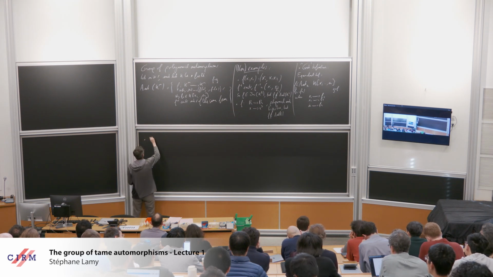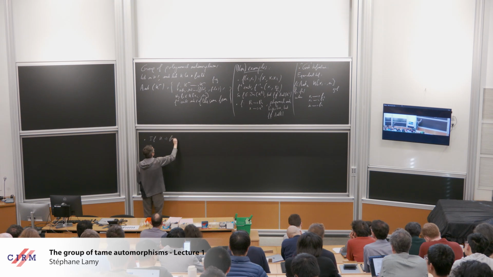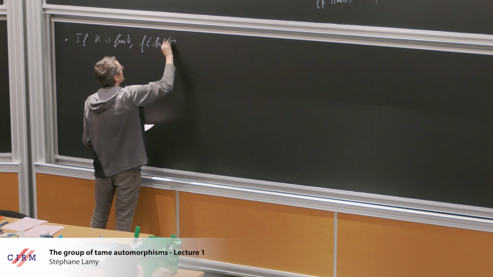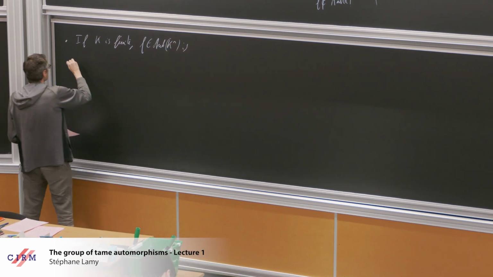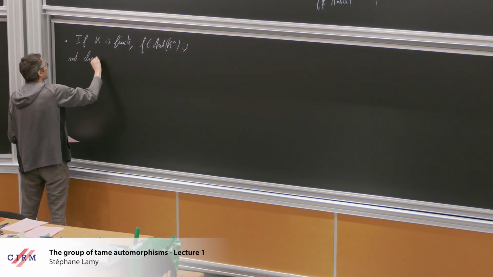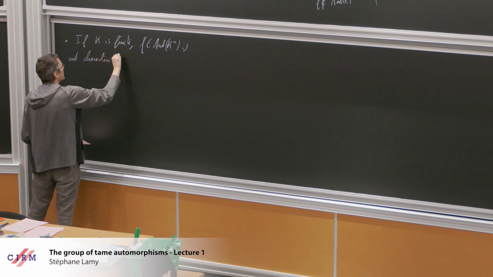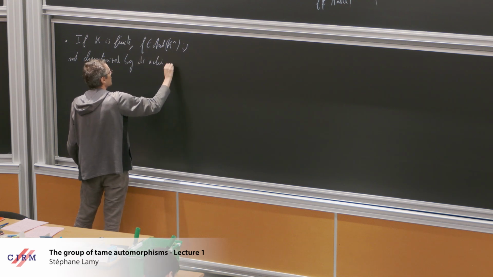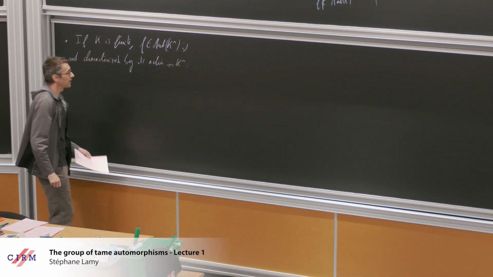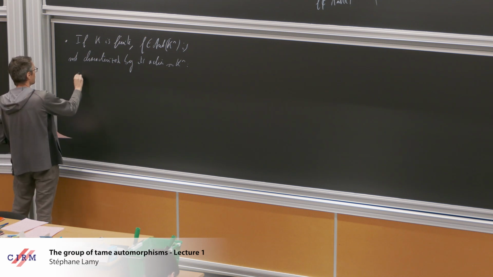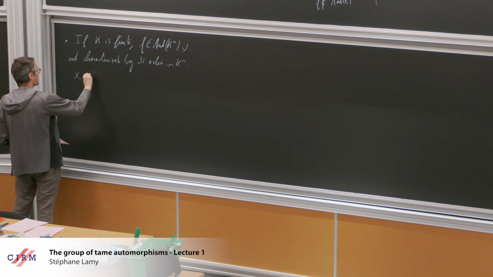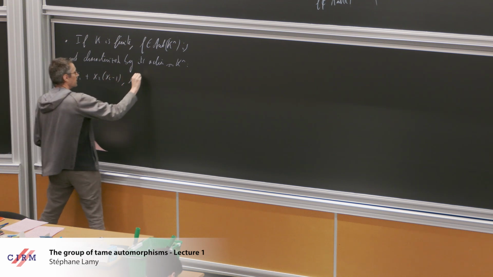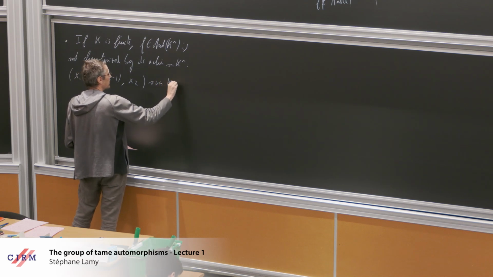So if K is finite, f in Aut(K^n) is not characterized by its action on K^n, which is finite. So for instance, just to have a concrete example, in dimension 2, take (x1 + x2^2 - x2, x2), for instance over the finite field with 2 elements.